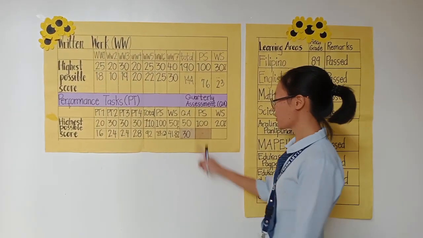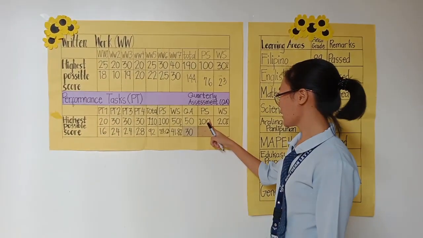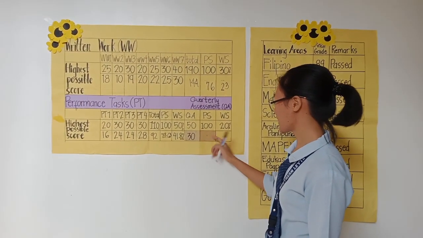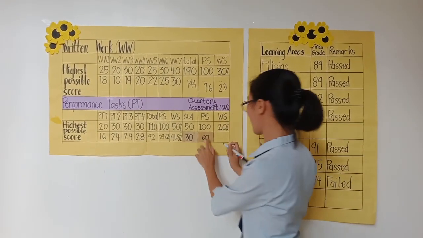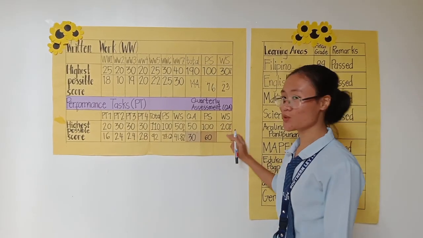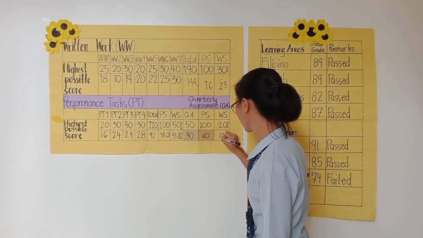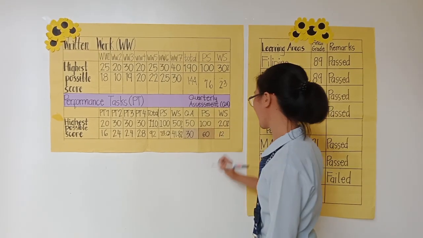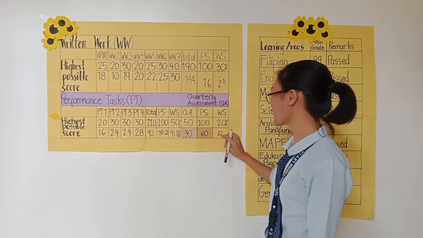So 0.6 times 100 is equal to 60. So 60 times 20% equals 12. We have now the weighted score 12.